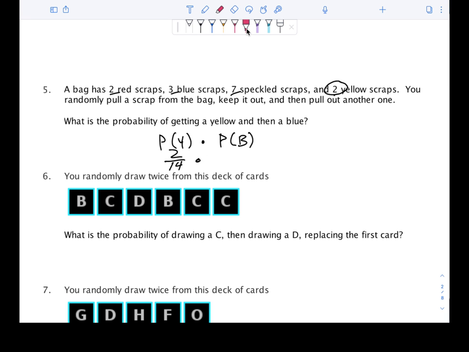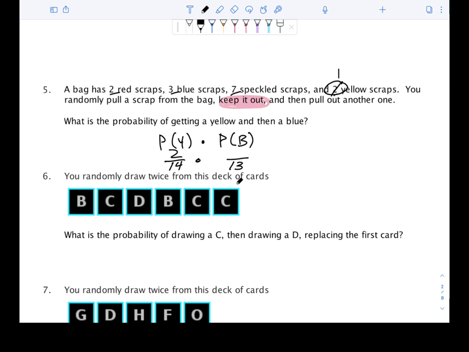So I haven't even looked at this yet. Keep it out. Oh, see, that's going to be important. So if I pull one of those yellow scraps, now there's only one left, but there's also only 13 scraps left. So when it's kept out, we have to reduce that one by 1.